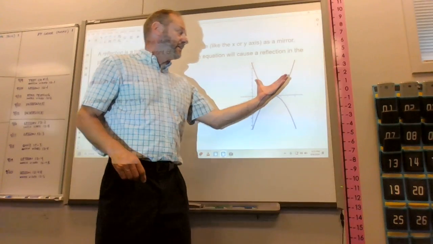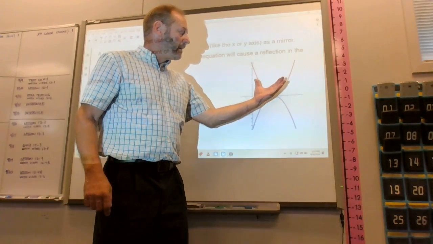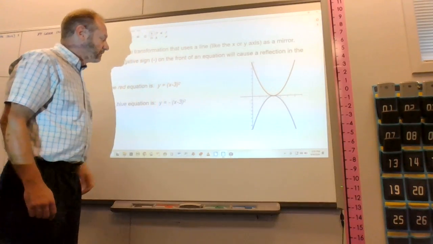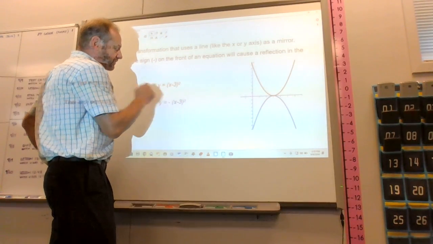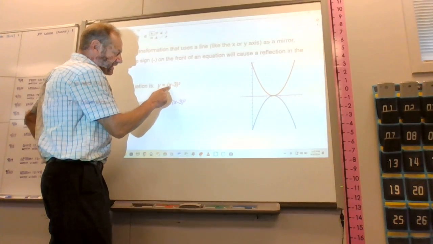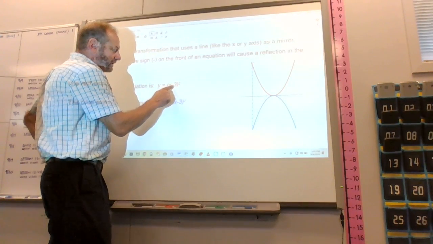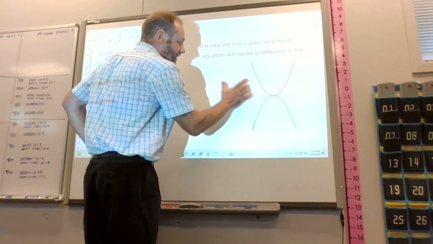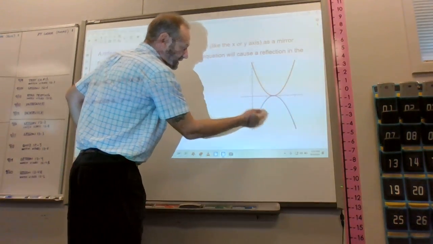So that takes this red parabola and flips it upside down. Okay, so on this one, it's taking x squared, moving it 3 to the right, and then this negative sign is flipping it upside down. Okay, so shift 3 to the right, flip upside down, you get the blue one.